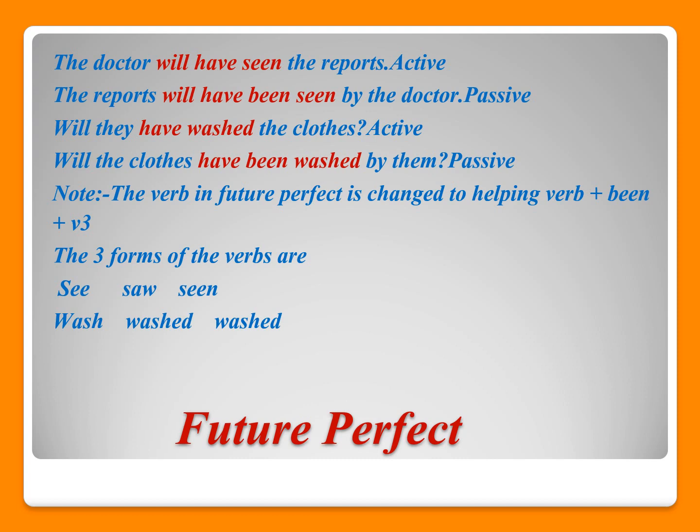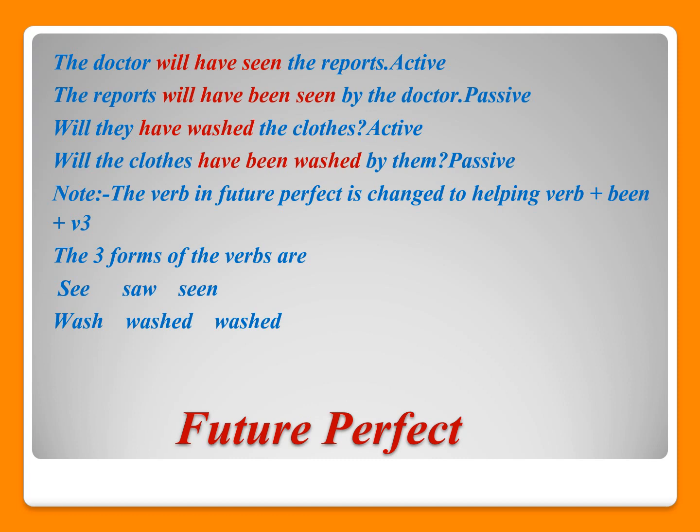Here we should remember that whenever there is a perfect form of verb, then we have to add a been in between. The reports will have been seen by the doctor. Will they have washed the clothes?